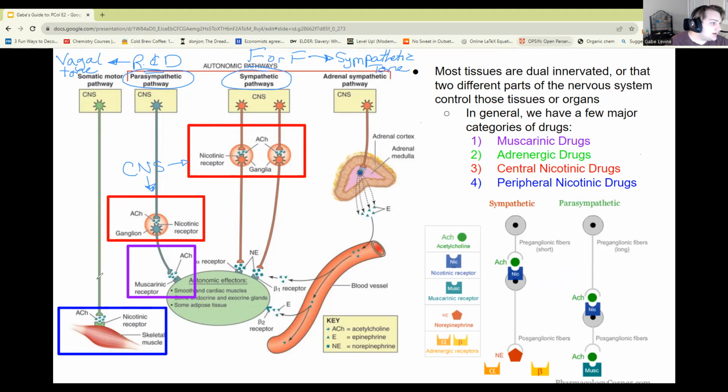And the reason is because these nicotinic receptors can only be reached by drugs that can cross the blood-brain barrier. Muscarinic drugs are only going to be affecting the postganglionic muscarinic receptors, whereas adrenergic drugs are going to be focusing on the postganglionic adrenergic beta and alpha receptors.